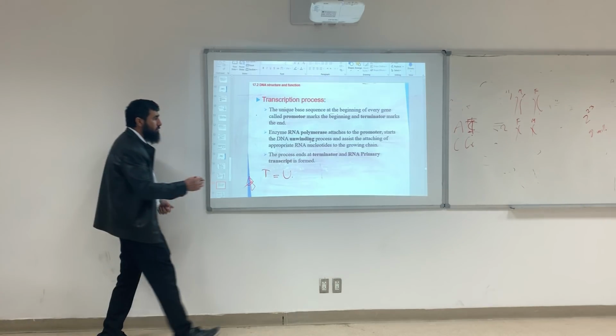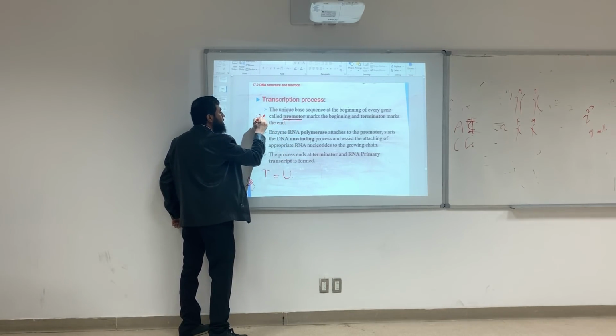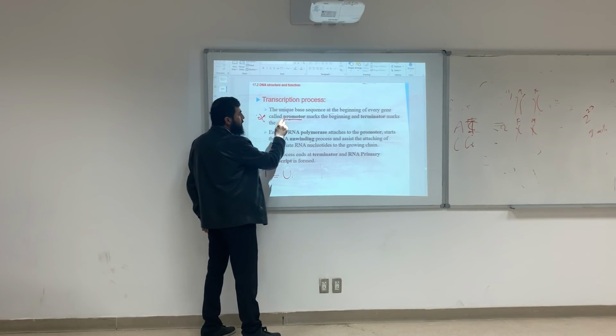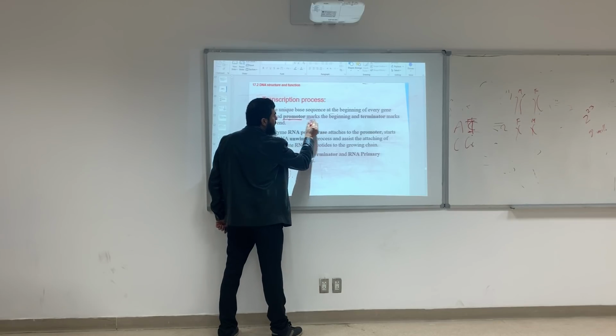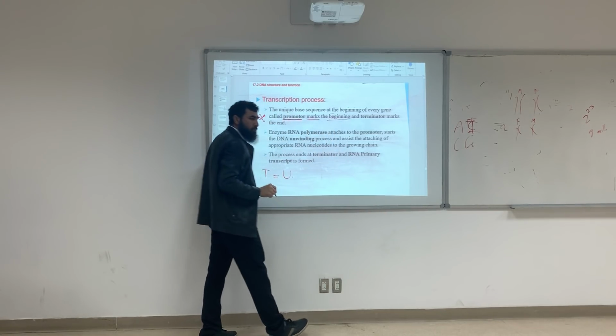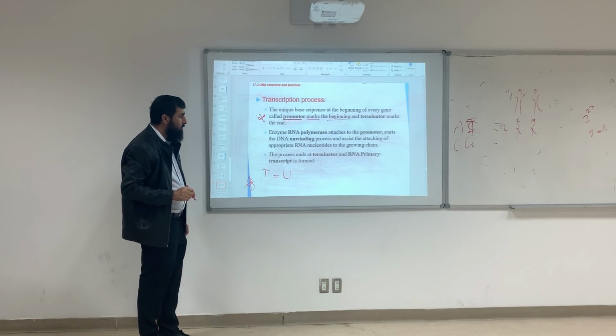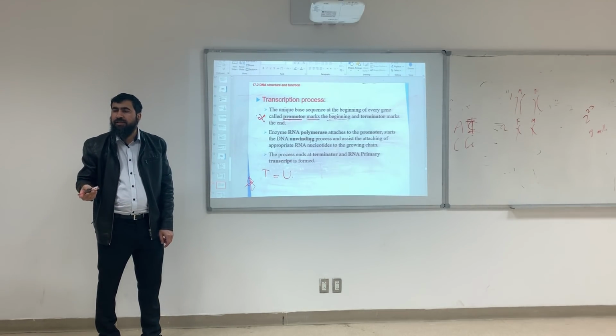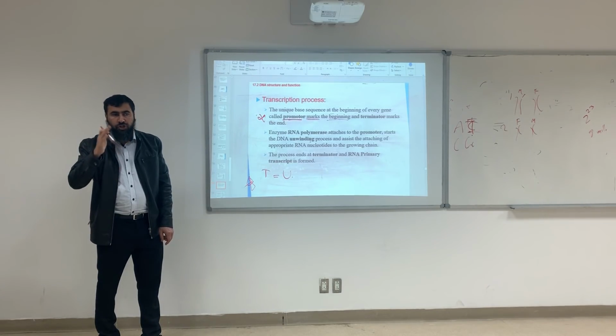Important to note that the promoter is the start of transcription. This is the sequence that marks the beginning of transcription. Transcription happens until you see the terminator, which stops transcription.